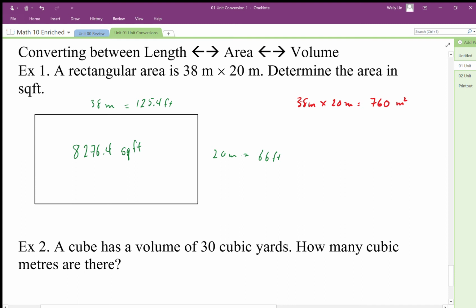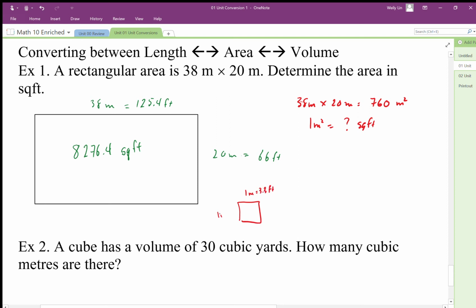And then I have to figure out what the conversion is for 1 square meter into the number of square feet. To do that, I have to take 3.3 feet for one side of the meter. I'm going to draw it here. So 1 meter equals 3.3 feet.